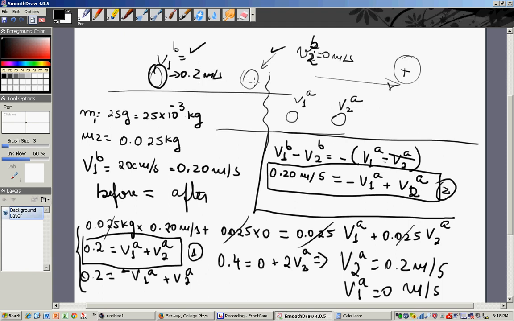This v1 stops, and v2 comes out with the velocity the other ball had. Of course, this is not going to be true if the masses are different and the balls are not the same, or if the collision was not perfectly elastic. Okay?